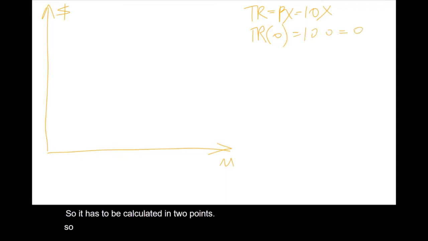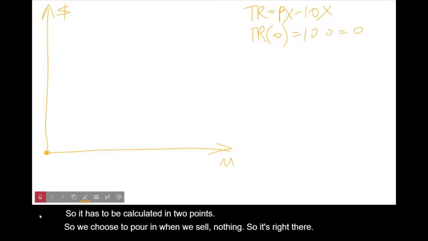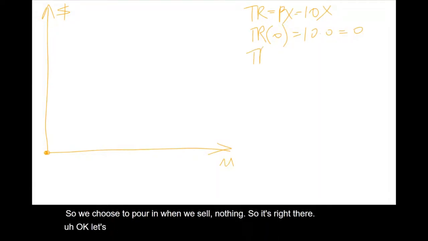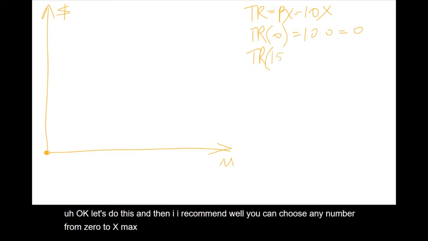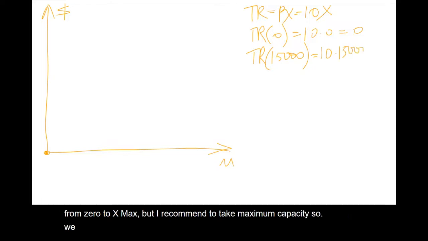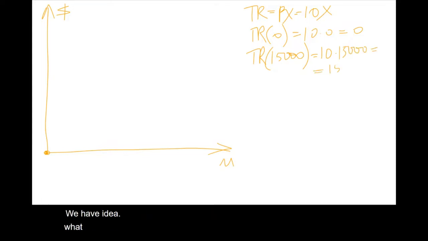We choose 0,0 when we sell nothing. You can choose any number from 0 to X max, but I recommend taking maximum capacity.